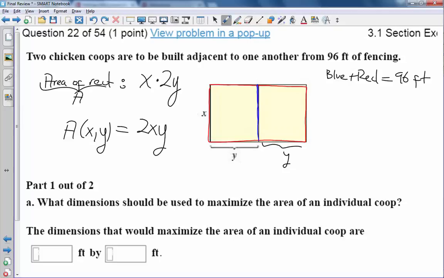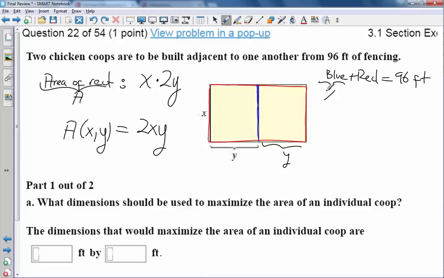All right? So what is the below fencing? How long is this length in terms of x and y? Can you measure this distance to me? It's the same as x, right?